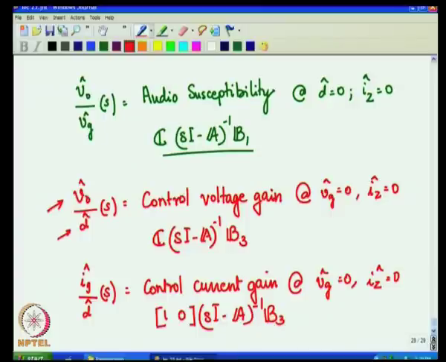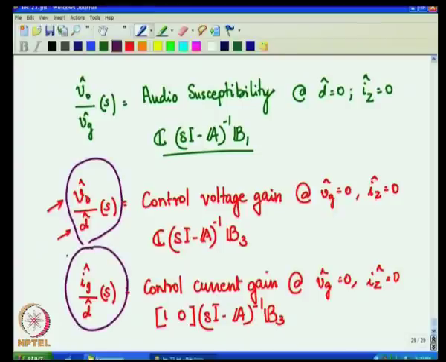So, this is how you would get these various transfer functions. So, just with one modeling you can get various transfer functions, but for control remember that you are doing the control with duty cycle. If you are doing output voltage control, you will be using this transfer function. If you are doing the input current control, you will be using this transfer function.